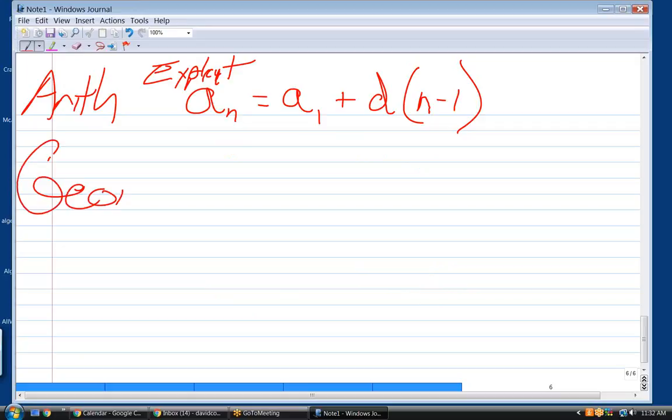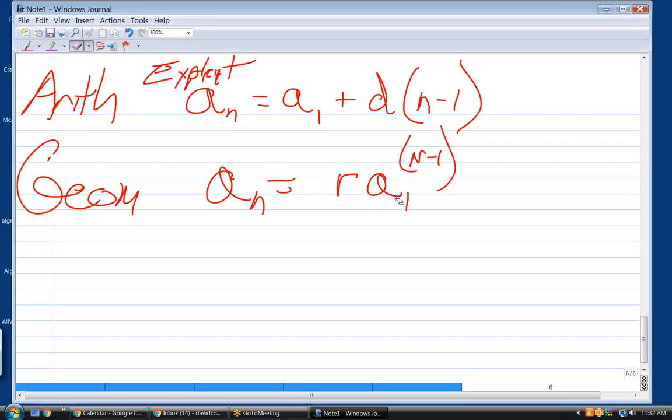So, should we cover the geometric? I don't think we had any geometric ones on the review. Okay, let me just, the nth term is r times the first term to the n minus 1, I think.